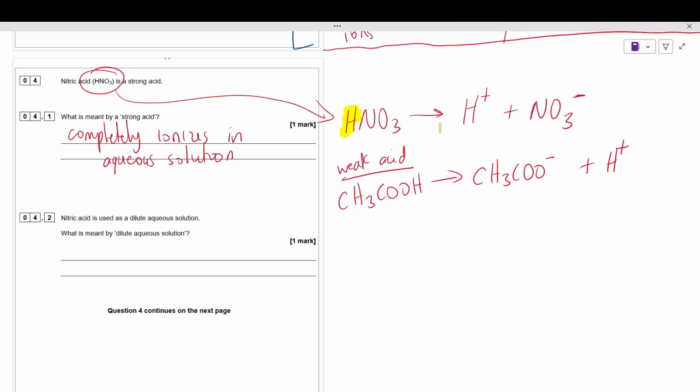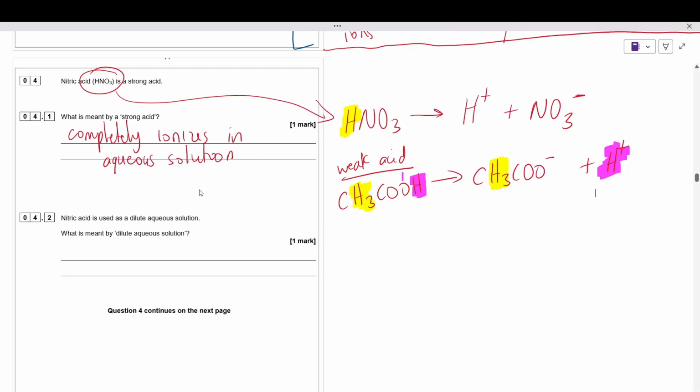We can see that we still have some hydrogen remaining in our ethanoate ion, and because of that, it partially dissociates. Only some of the hydrogen was given off. The rest remains within the larger chunk of the other ion. So this one dissociated completely, the other was partial.